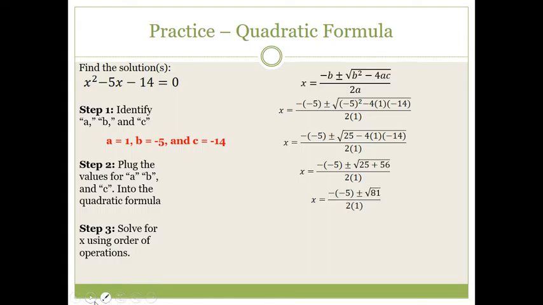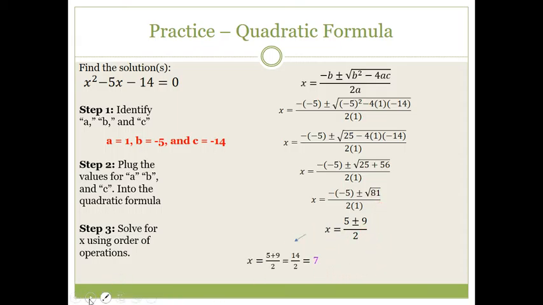I'm going to continue simplifying under the radical. Notice here that the opposite of -5, or -1 times -5, however you like to think about it, is +5. Then we have plus or minus the square root of 81, which is 9.